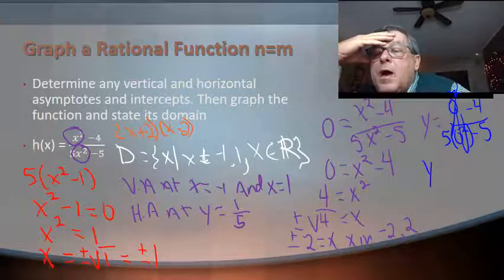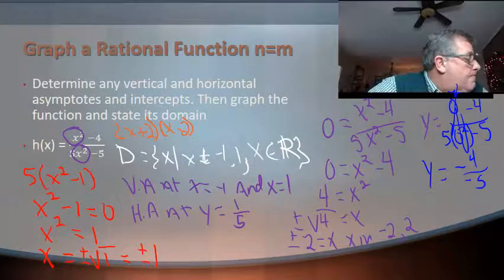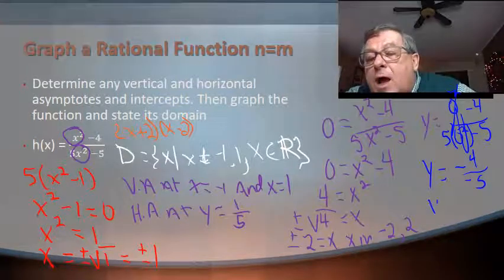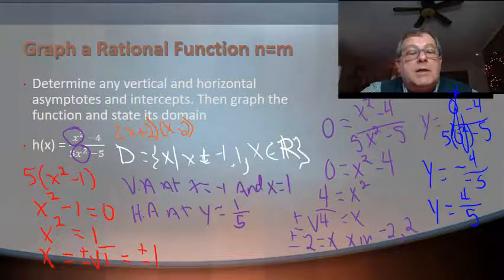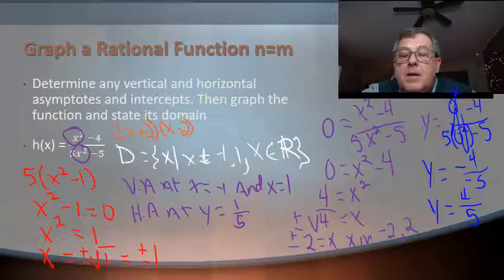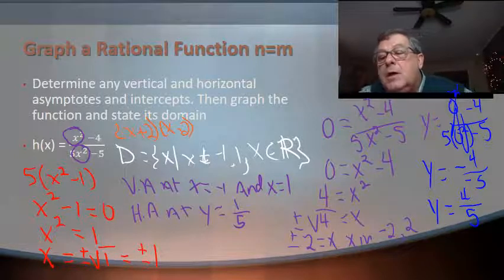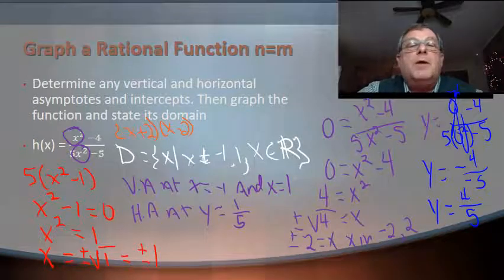It's going to leave me with y equals -4 over -5. And that should tell me that I should have a y-intercept at 4/5 because those negatives are going to cancel out. So let's see what we got here. We're looking for a vertical asymptote at -1 and 1. We're expecting a horizontal asymptote at 1/5. We should see x-intercepts at both -2 and 2. And we should have a y-intercept at 4/5. Let's go graph this little baby and see what we got.